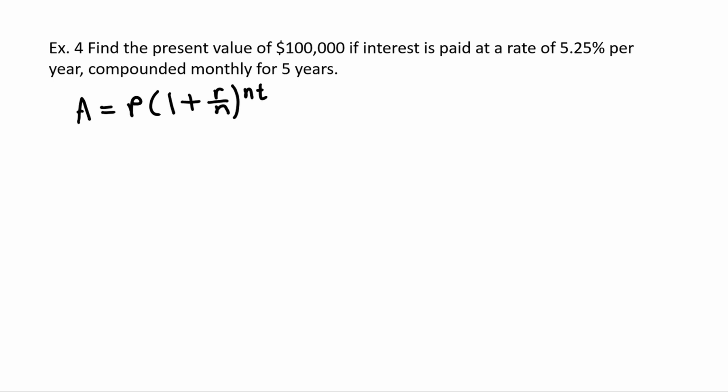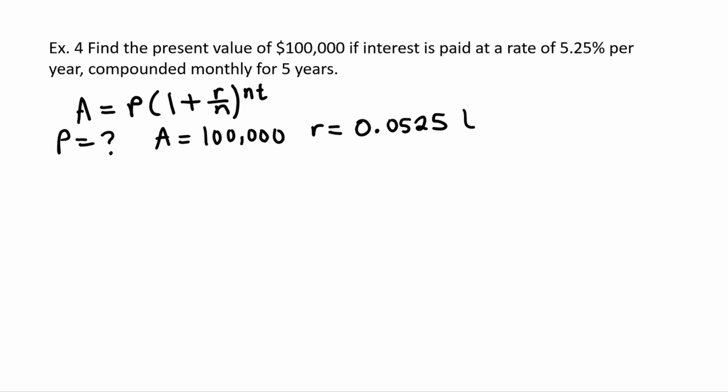It says find the present value, so what we are looking for is the P. The $100,000 is the future value, and that's the A. Now the rate is 5.25%, so in decimal form it'll be 0.0525. Time is 5 years, and it says compounded monthly. We have 12 months in a year, so N equals 12.